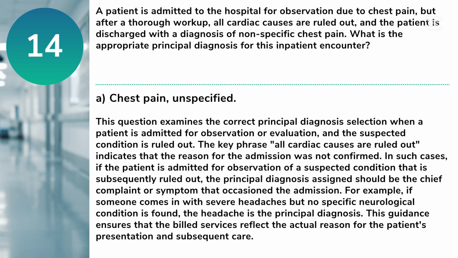In such cases, if the patient is admitted for observation of a suspected condition that is subsequently ruled out, the principal diagnosis assigned should be the chief complaint or symptom that occasioned the admission. For example, if someone comes in with severe headaches but no specific neurological condition is found, the headache is the principal diagnosis. This guidance ensures that the billed services reflect the actual reason for the patient's presentation and subsequent care.